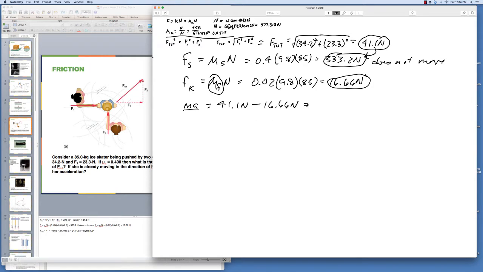So that's going to equal 24.74 newtons. And then if you divide her mass into this number, so if you take 24.74 and divide her mass into that, you get her acceleration, which is 0.291 meters per second squared.